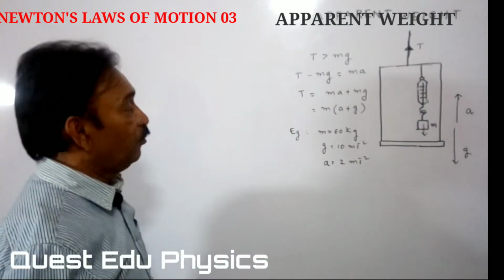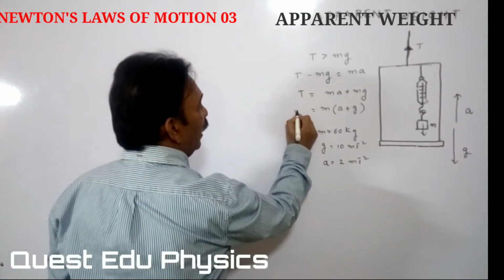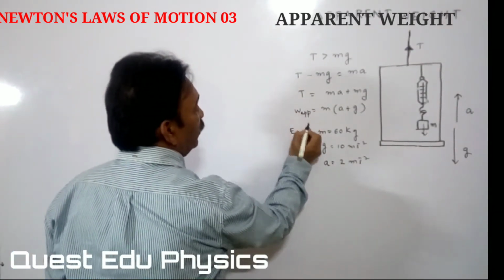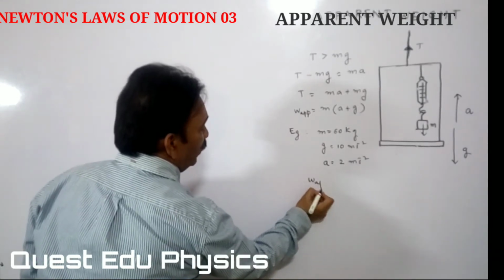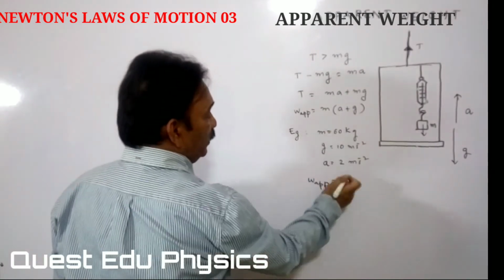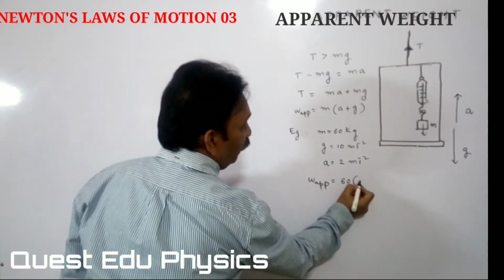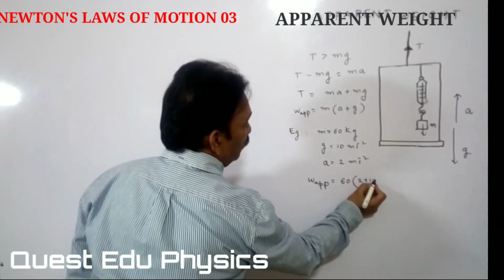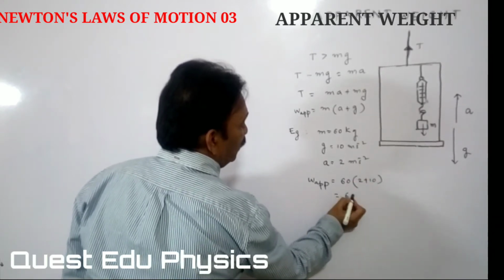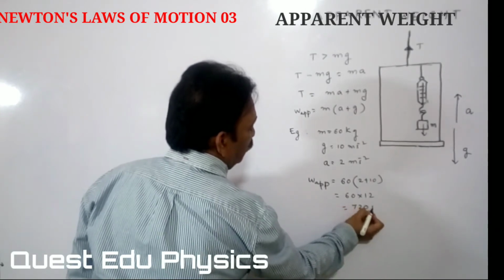We have to find out the apparent weight. W apparent is equal to m of a plus g, 60 of 2 plus 10. It is 60 into 12. It is 720 Newton.